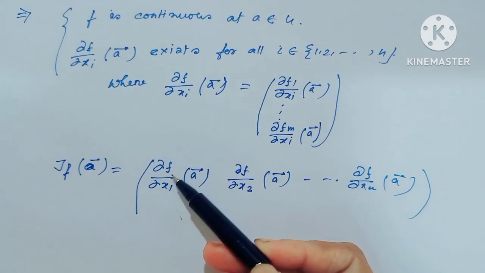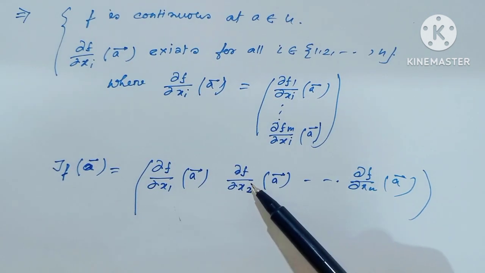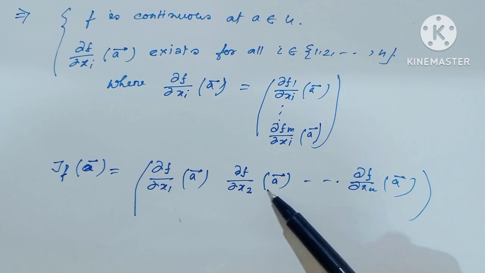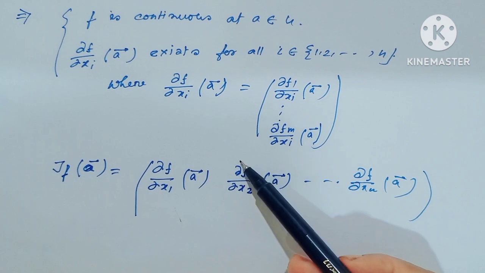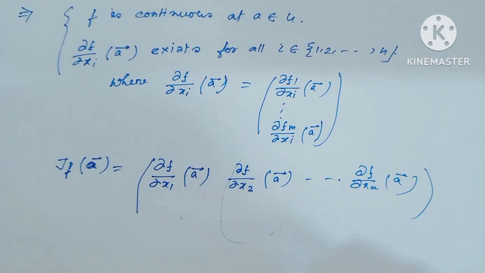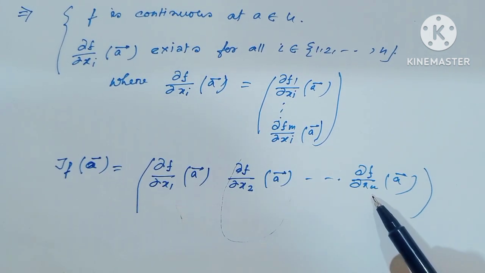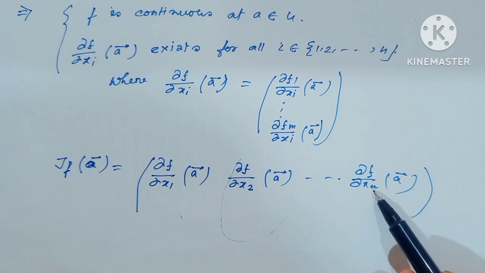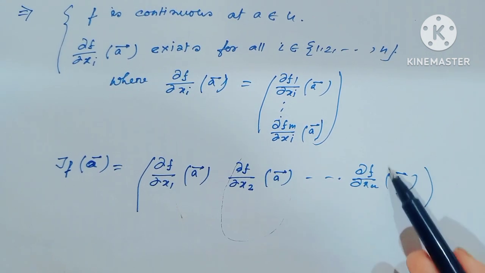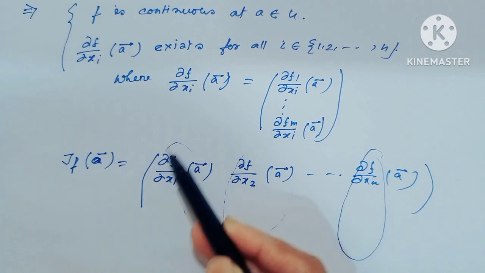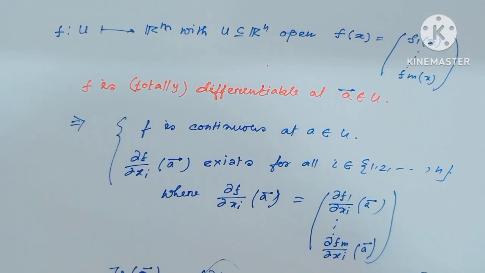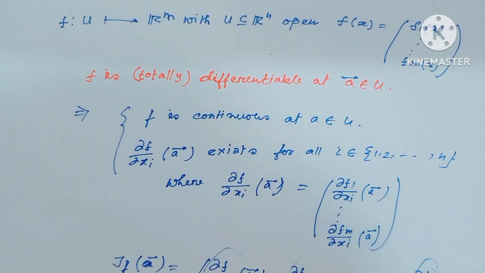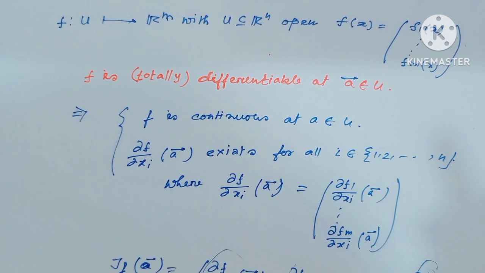Obviously here f means m components, then del f del x2 at the point a, since f has m components, so this column contains m components. Up to del f del xn at the point a, this column also contains m components. This is the Jacobian matrix, and this is the relation between total differentiation and partial derivatives. I hope all my viewers have understood this.